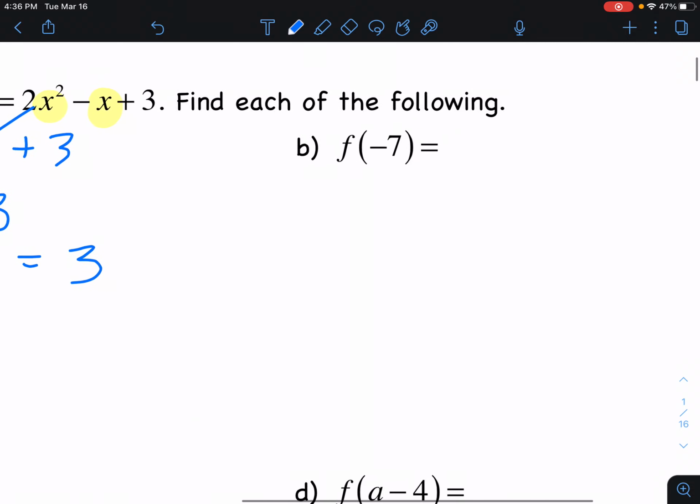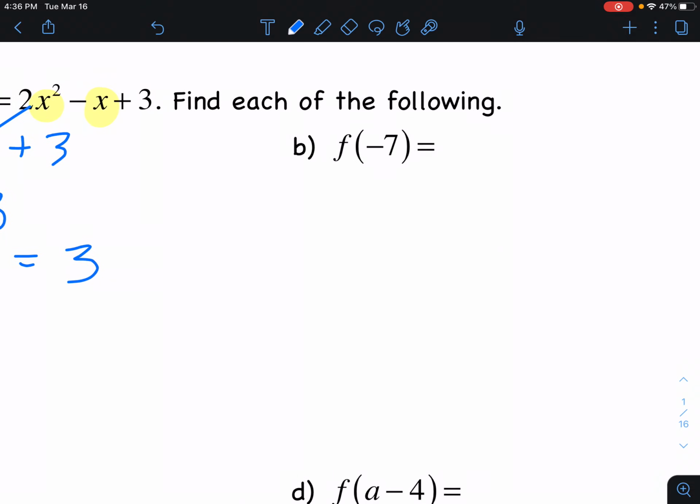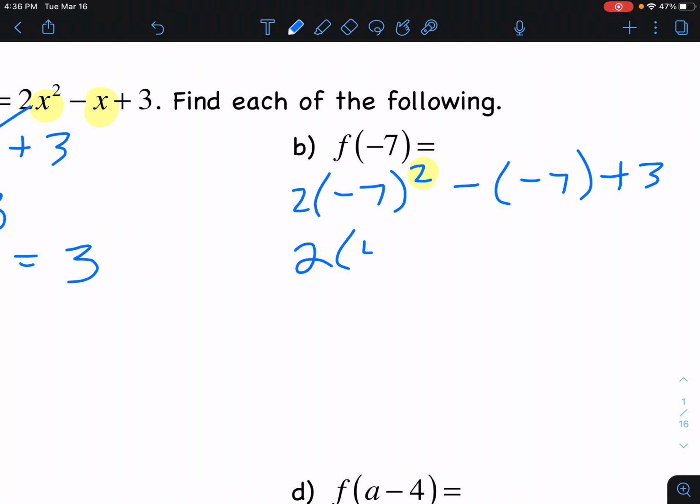Let's try doing another one, substituting negative 7 in for the x's. Okay, so I'm going to do the exponent first. Negative 7 squared is 49, so this becomes 2 times 49.